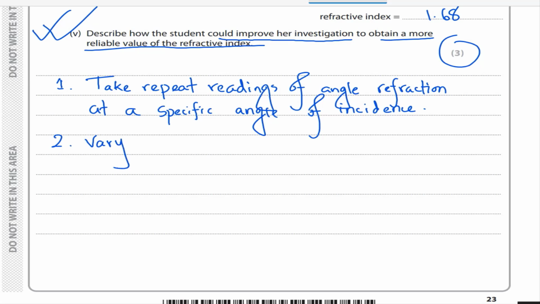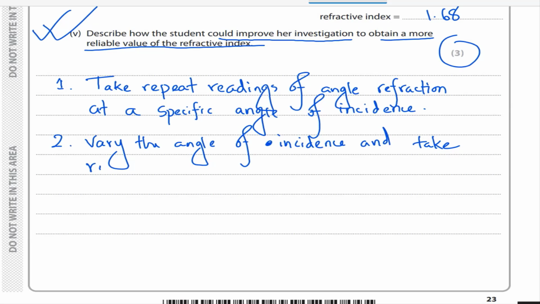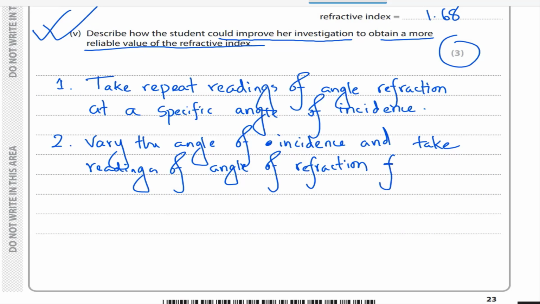Now vary the angle of incidence and take readings of angle of refraction for each value.